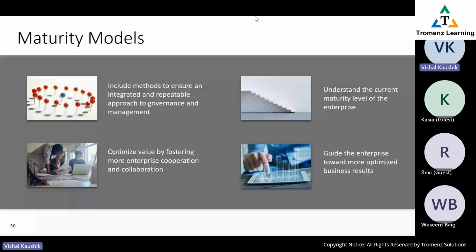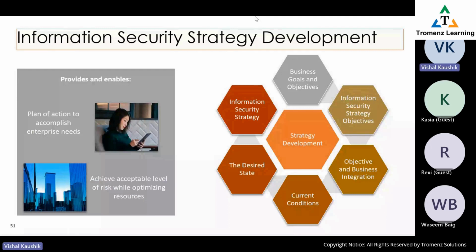So when we talk about the development, based on what has been discussed, the strategy will provide a plan of action. And the plan of action, which informs the security manager, will help accomplish the enterprise needs.